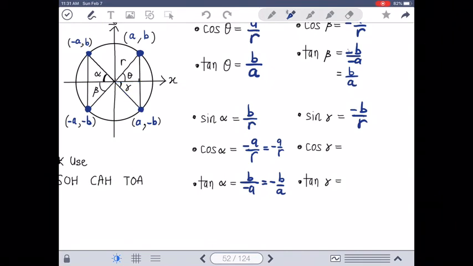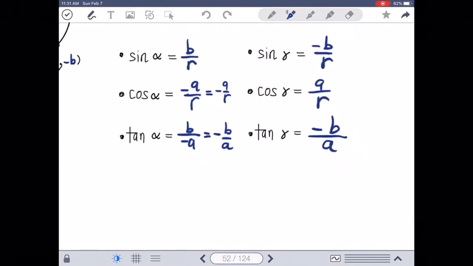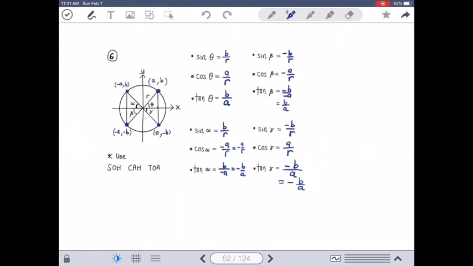So adjacent is positive, so A over R. Tan is opposite over adjacent, so negative B over A, because the adjacent is positive, opposite is negative. So this is just equals to negative B over A.